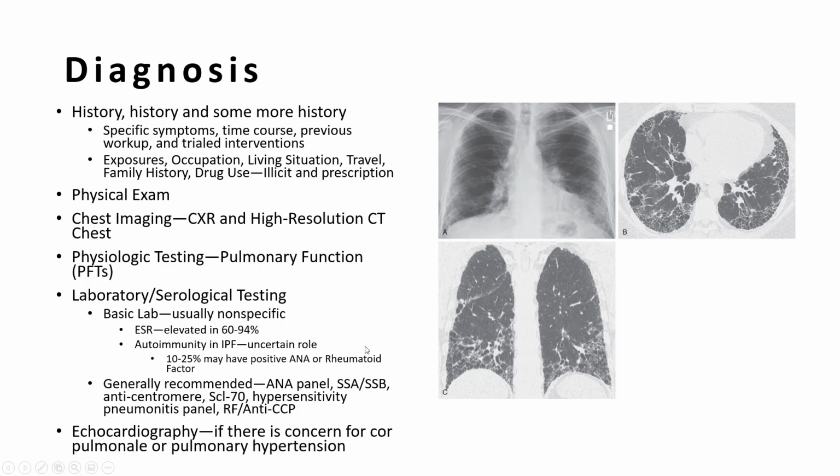Now, the other things on the left-hand side, we also have some laboratory studies, and these things are going to be like erythrocyte sedimentation rate, which is going to be elevated in a good chunk of these people as a result of the presence of inflammation, which is exactly what's going on in terms of the epithelial and immune response.